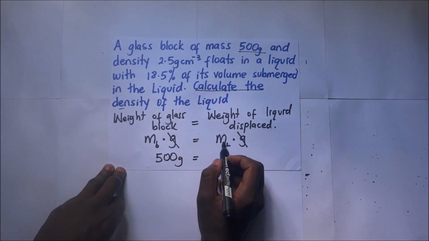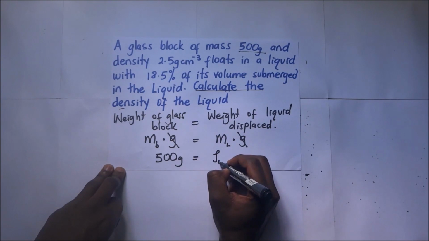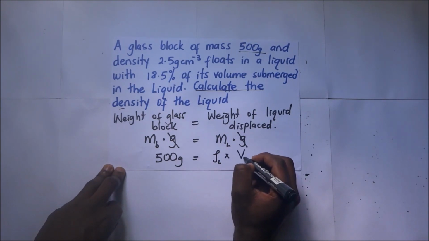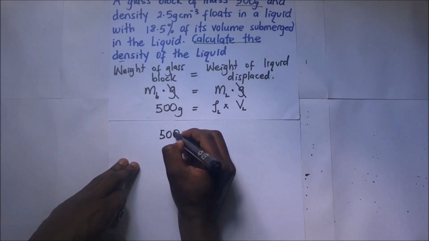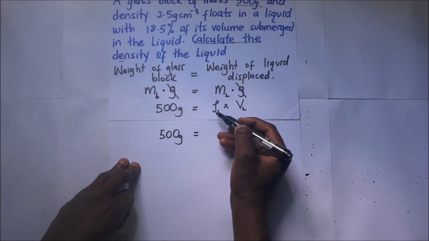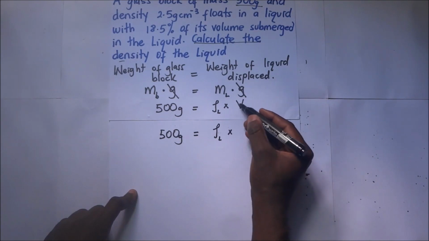So the mass of the liquid is given by the density of the liquid, multiplied by the volume of the liquid. So to continue with our calculation, 500 grams is going to be given by the density of the liquid, which is what we are looking for, multiplied by the volume of the liquid.